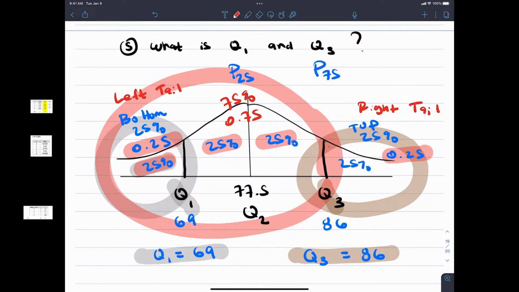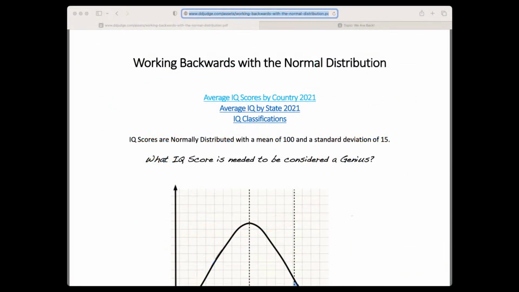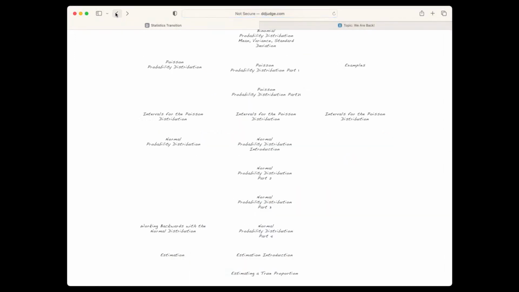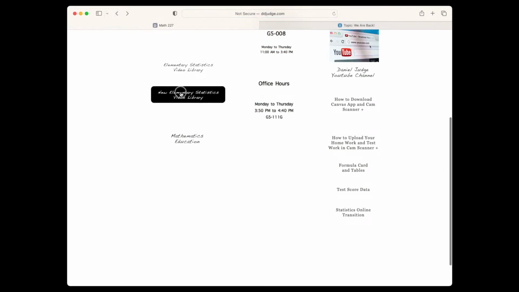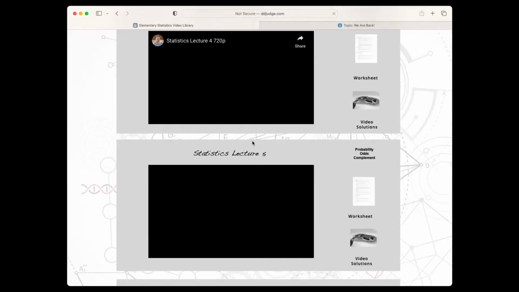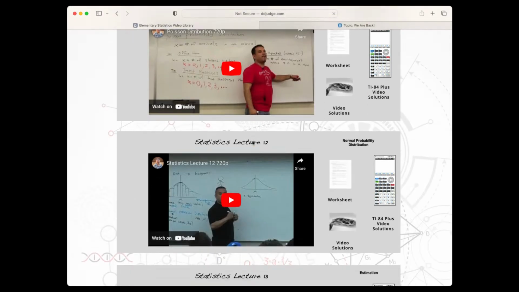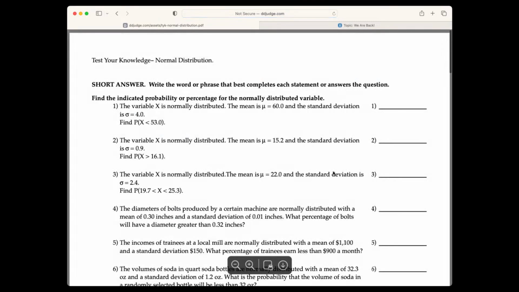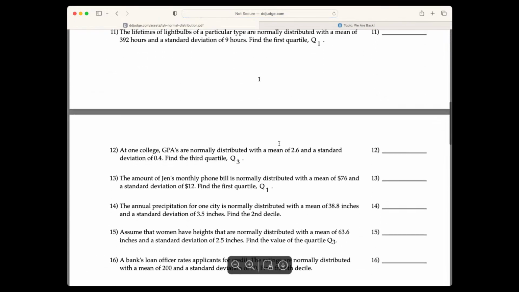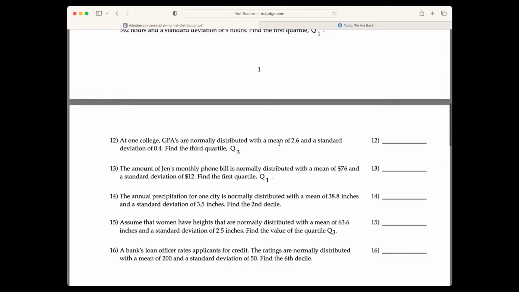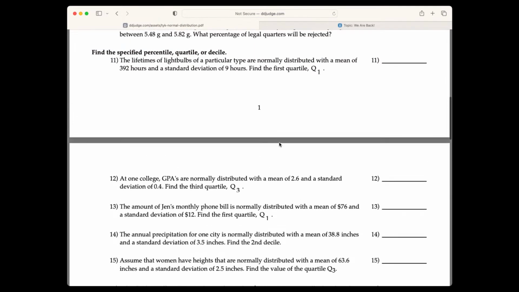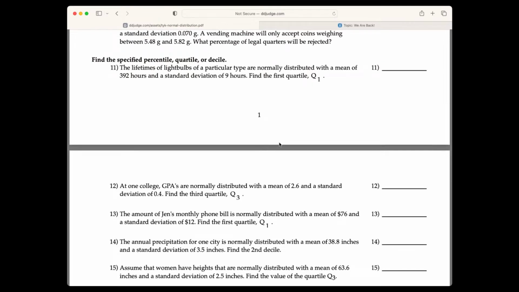Like I said, this might be the time to give you guys more homework questions because some people may feel they need it. This is the worksheet. Starting at question 11, they ask for the first quartile, Q1.